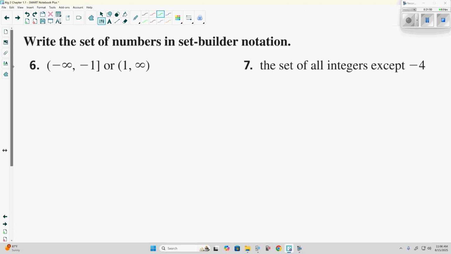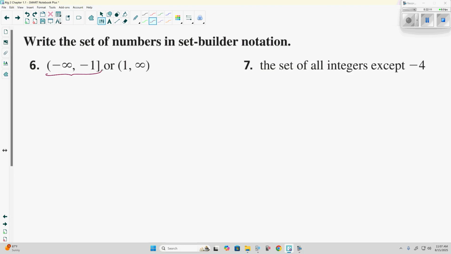Let's look at number 6. (Negative infinity, negative 1] or [1, infinity). So unfortunately, we can't just stick this into the set builder notation. We don't have it as an inequality. So we need to rewrite these.